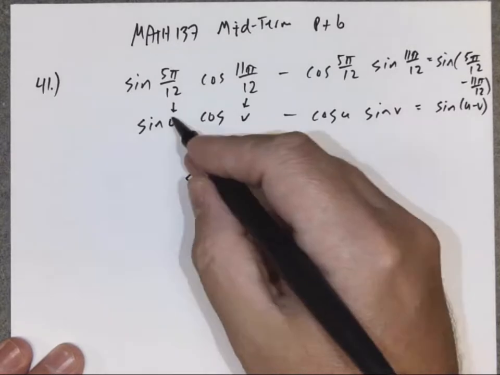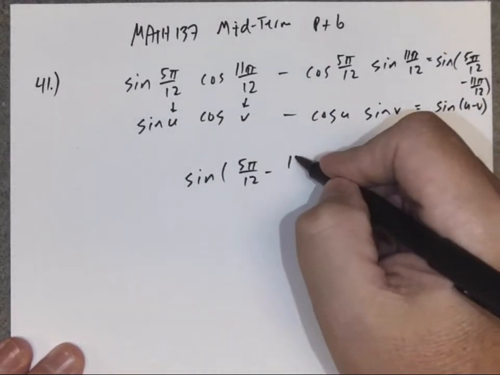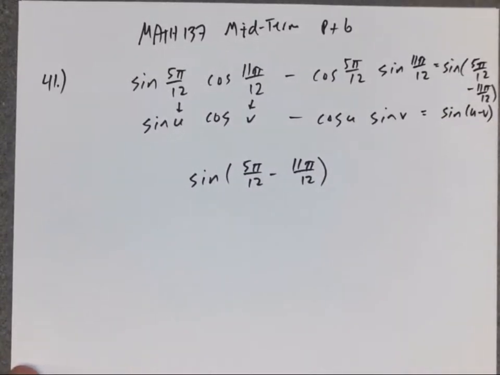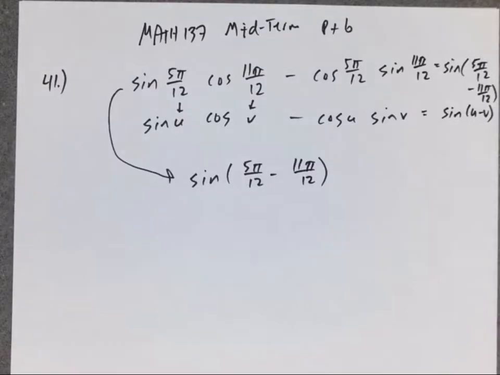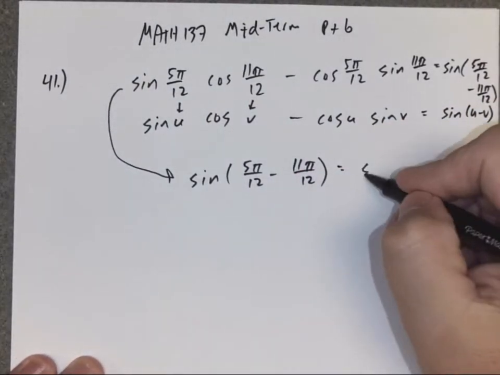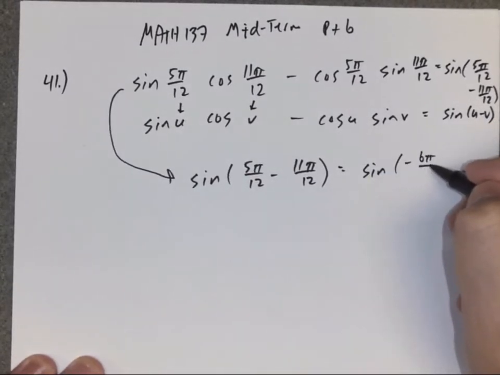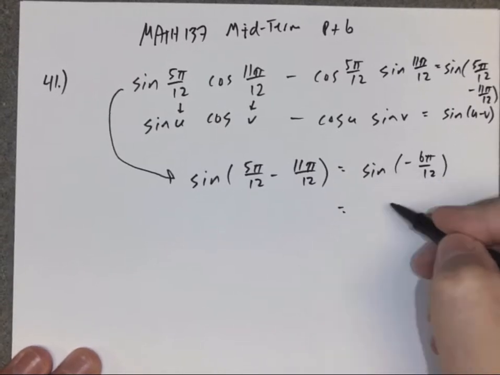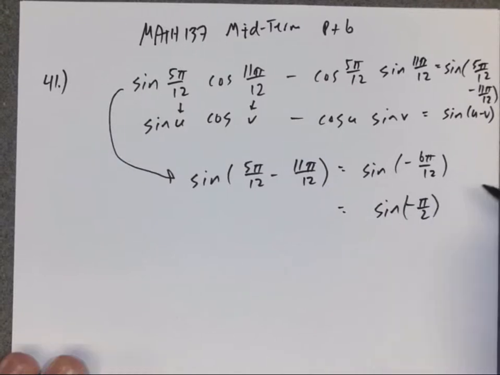Since u is the 5 pi over 12 and v is 11 pi over 12, so this whole thing simplifies to that, which I can actually combine these now. Sine of negative 6 pi over 12, which is really sine of negative pi over 2.